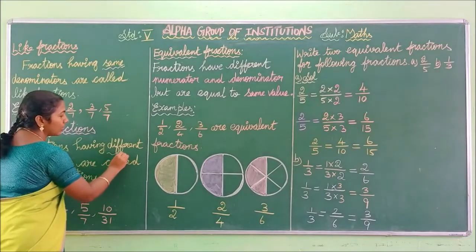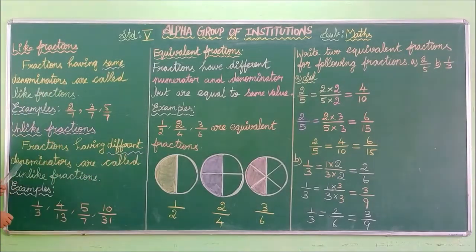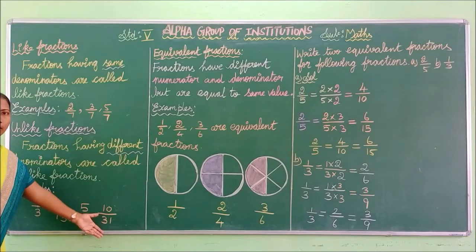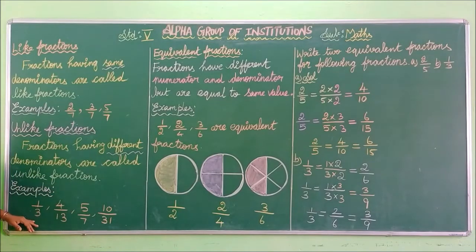For unlike fractions, you are having different denominators. See here, 1 by 3, 4 by 13, 5 by 7, 10 by 31. See, all the denominators are different. So, such types of fractions are said to be unlike fractions.